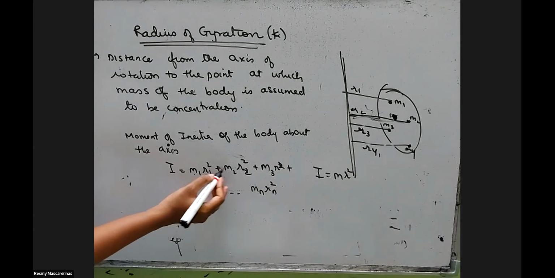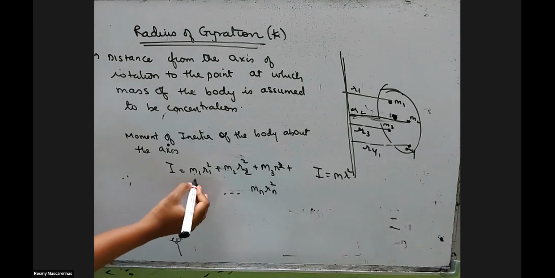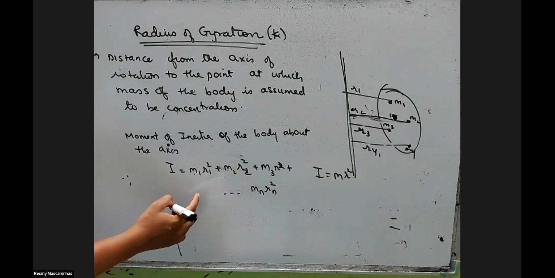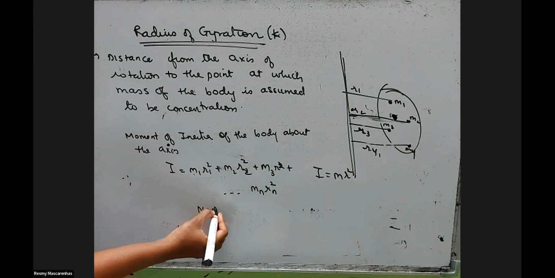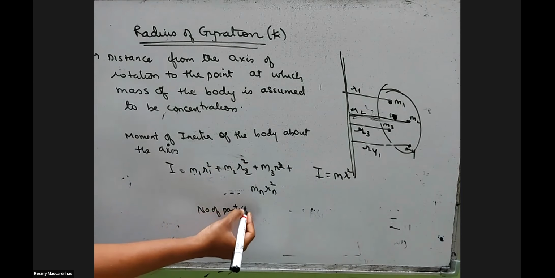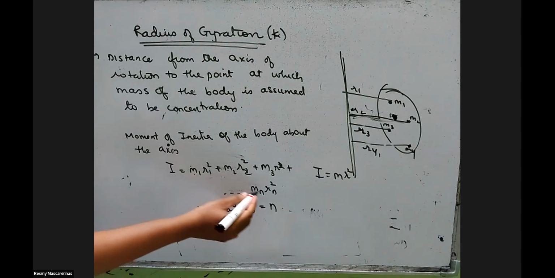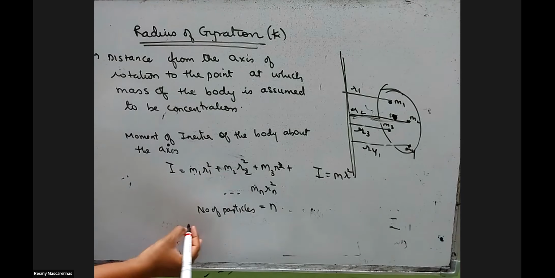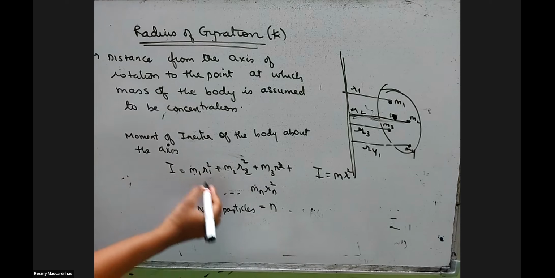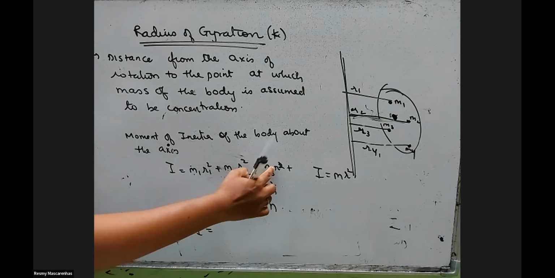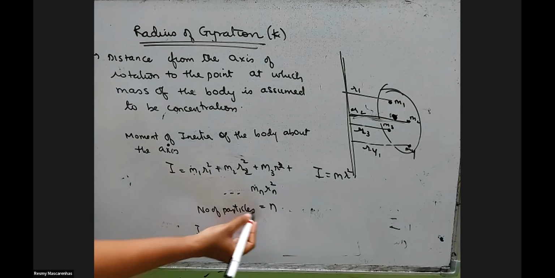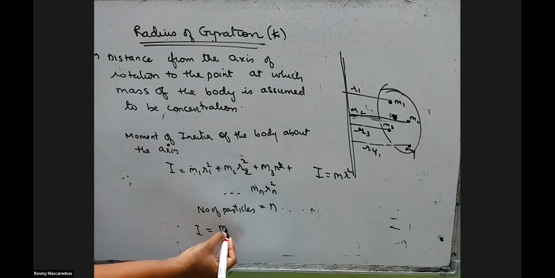Now these are particular masses of all the system of particles. How many particles? n of them. So I'll multiply and divide this. Suppose I'm taking m as common, I can take n common for n number of particles.